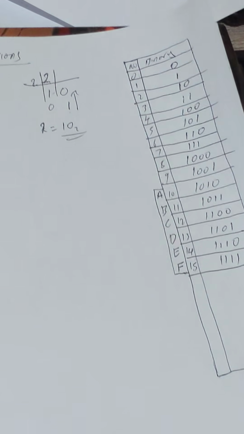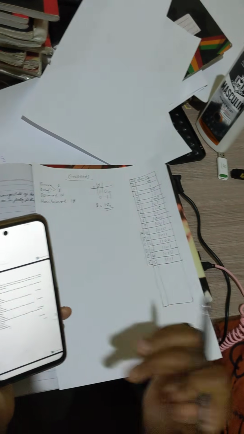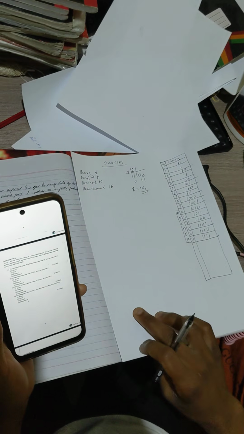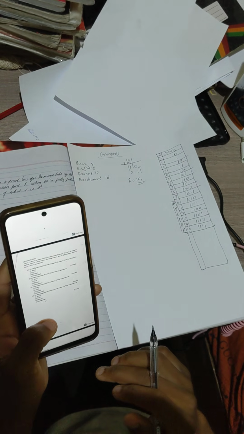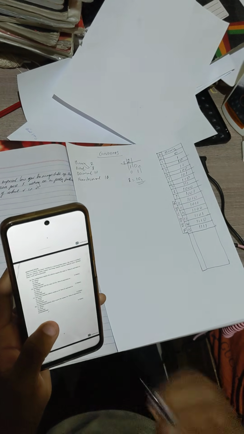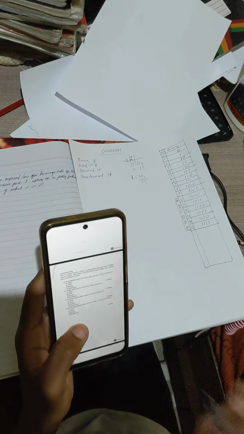Now look at this, we have this question. We're going to do some of the exam questions from the 2025 past paper. The question reads, Alice is a software developer working on a microcontroller project. She needs to configure hardware registers, which requires converting numbers between different bases.